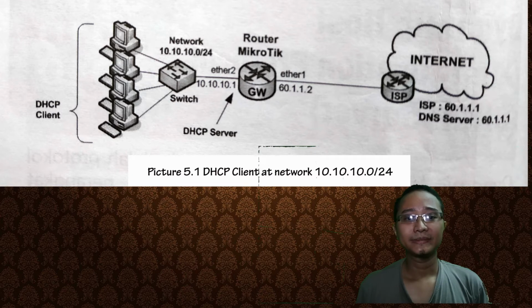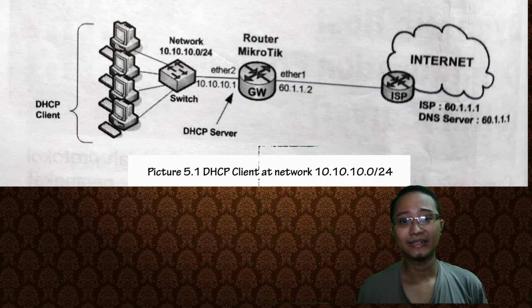To configure the DHCP server on the Ether 2 interface of the Mikrotik router, you can do it through the available wizard. The first command that you use is just ip dhcp-server setup, like in this capture, okay?